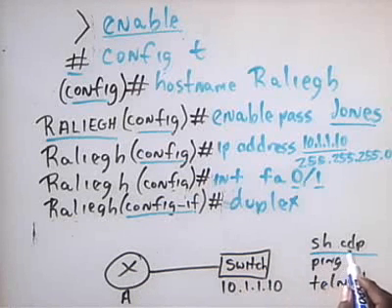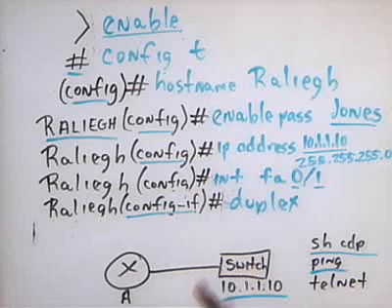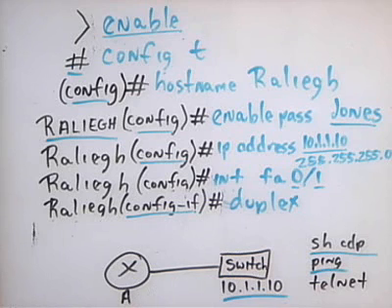If we do a show CDP neighbors detail, however, we're going to get the IP address of that switch as well. Now that we have the IP address of that switch, we can ping that IP address to ensure that we have layer 3 connectivity. We've got layer 2 connectivity because we're getting CDP updates, and of course layer 1 is operational.